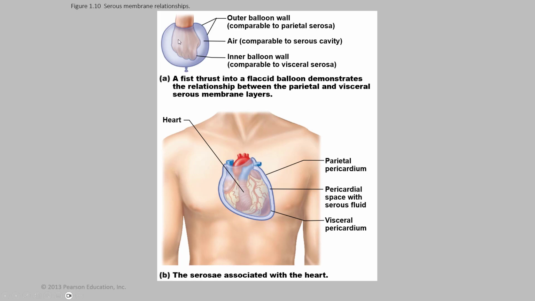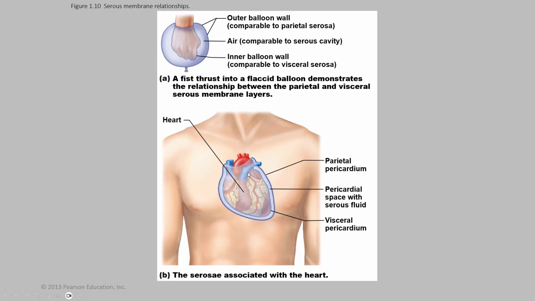It's all a balloon, but if you were to press your hand down into the balloon and somehow it folds in without popping, well, the balloon would be stuck around your hand. That would represent the visceral layer on the surface of your hand, and then a parietal layer is this outside wall of the balloon. The air inside would be that fluid, that serous fluid.